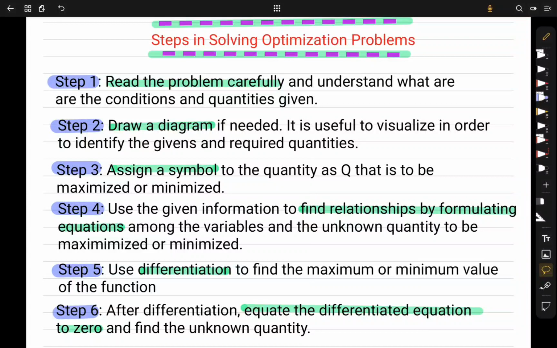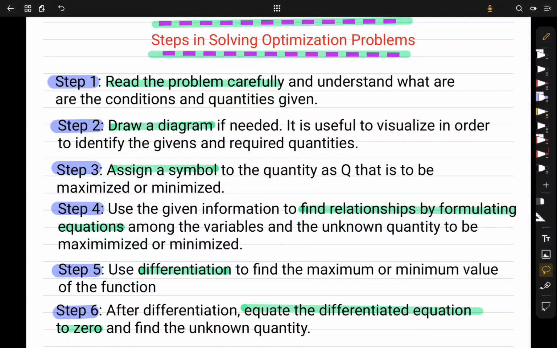So, if there are other variables na pinapahanap, for example, yung nahanap nating unknown quantity is x. So, for having the value of x, this will be substituted to other equations for us to find the value of other variables. For example, y, for example, height, or length, or width. Like that.